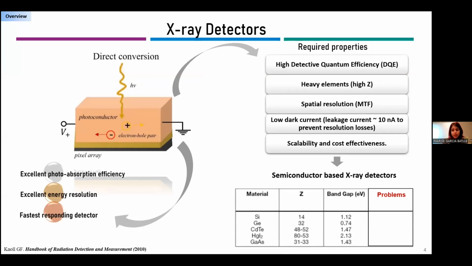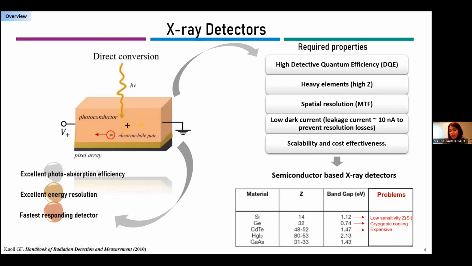Some of the commercial semiconductor-based X-ray detectors in the market nowadays are silicon-based and germanium-based. They are good. They present some of the properties that we require for the conversion of X-rays, but they also have problems. In the case of silicon, the atomic number is low, so the sensitivity is low.